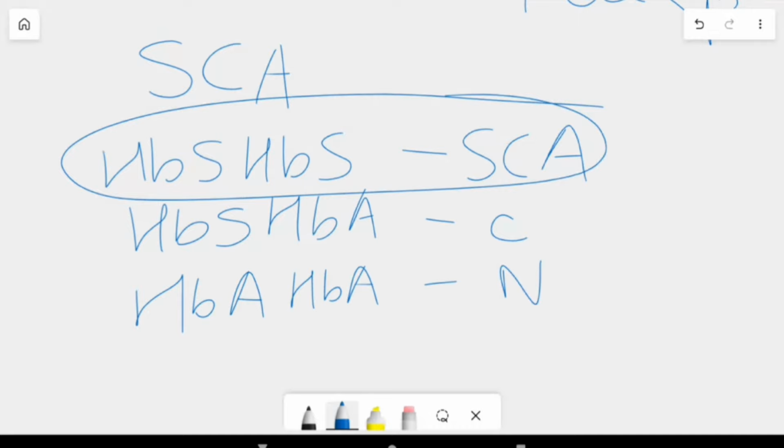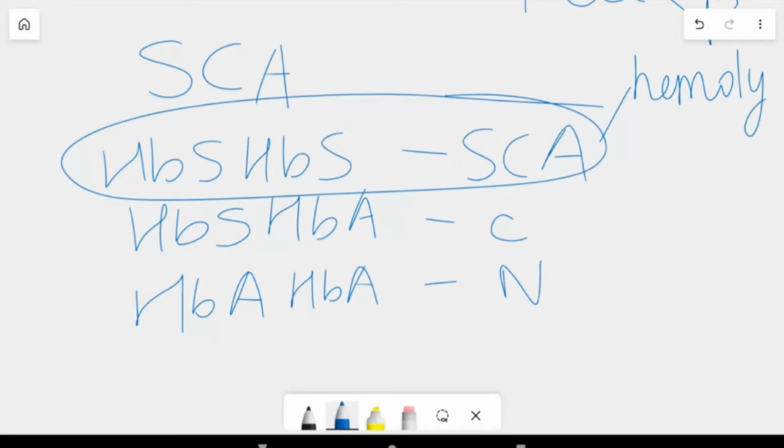When a person suffers from sickle cell anemia, they show certain characteristic features like lifelong hemolytic anemia. Now why does hemolysis take place? See, as the name explains, sickle cell, there is sickling of RBCs.